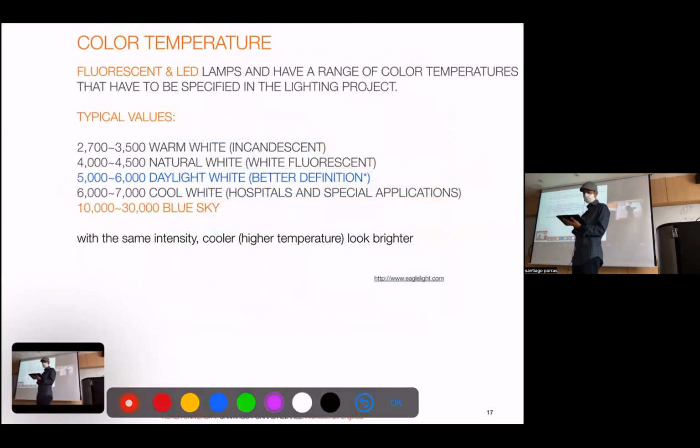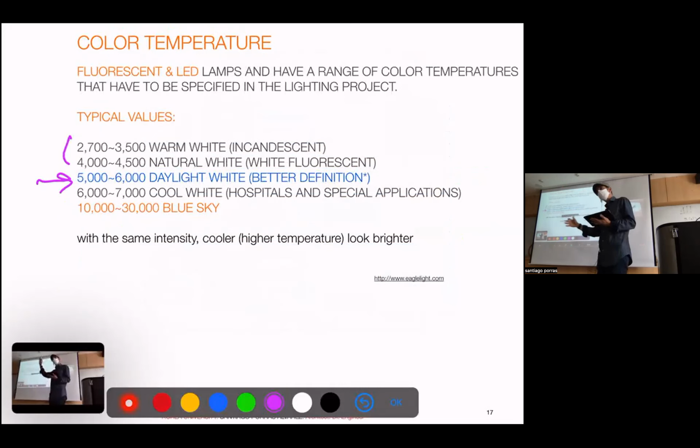So these typical values. So 5 to 6,000 is the one we try to use in public spaces, offices, classrooms, and so on, right? While in houses, restaurants, places to be relaxed, we go to somewhat warmer light.